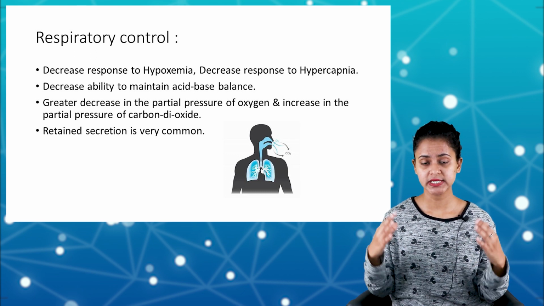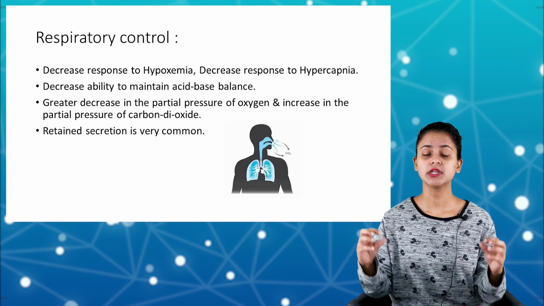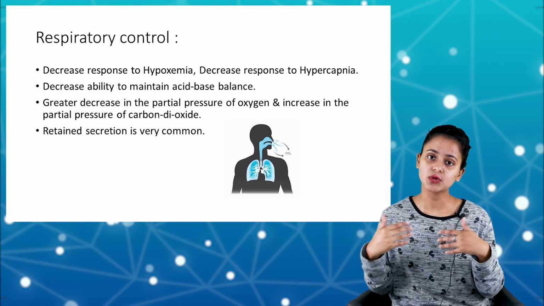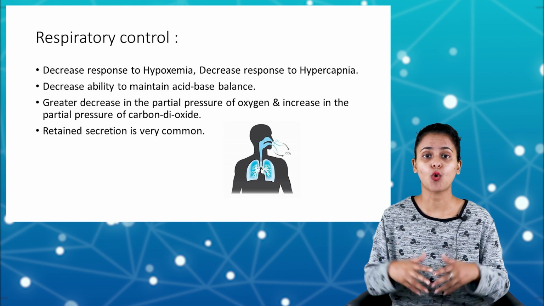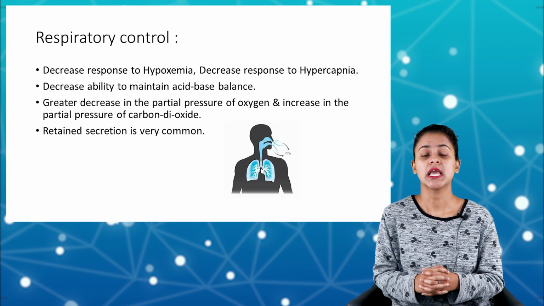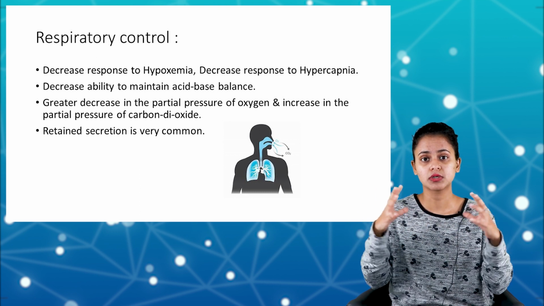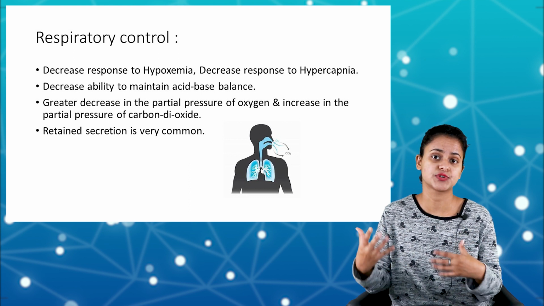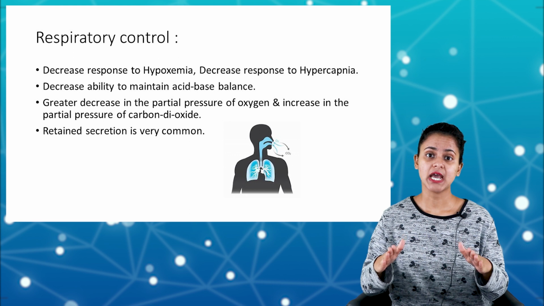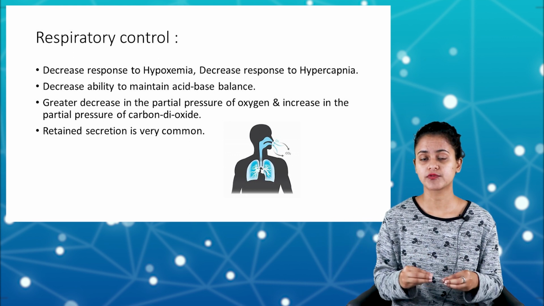There will be a decrease in the partial pressure of oxygen and an increase in the partial pressure of carbon dioxide. That is the reason older adults, if not managed well, often show the development of acidosis. Retained secretion will be very common in the respiratory tract and in respiratory tract infection related cases. Often a person will have increased chances of infection related to the retention of secretion.